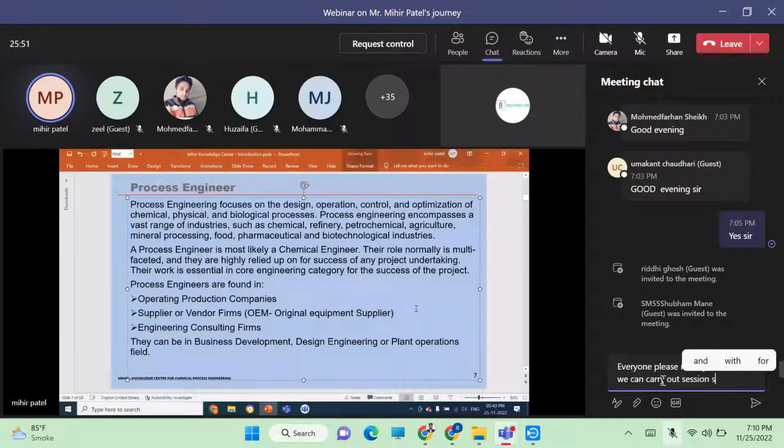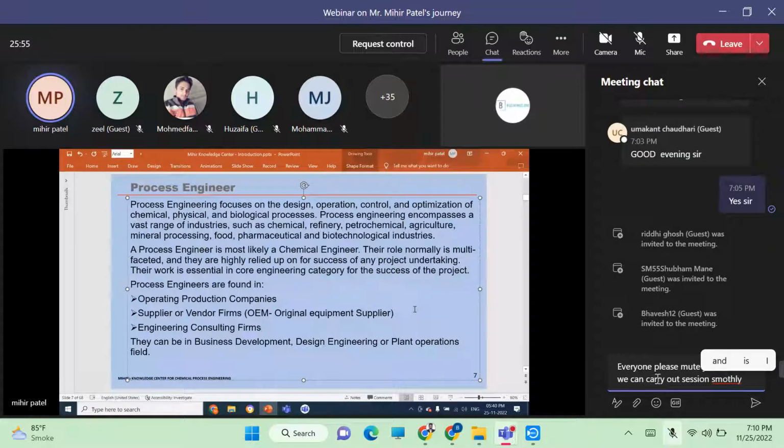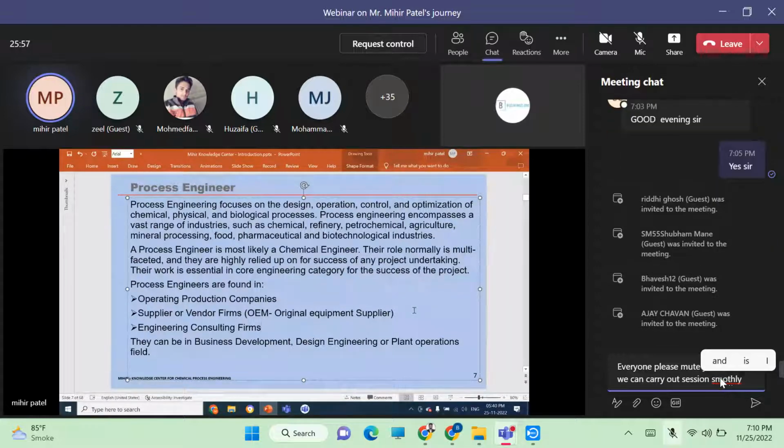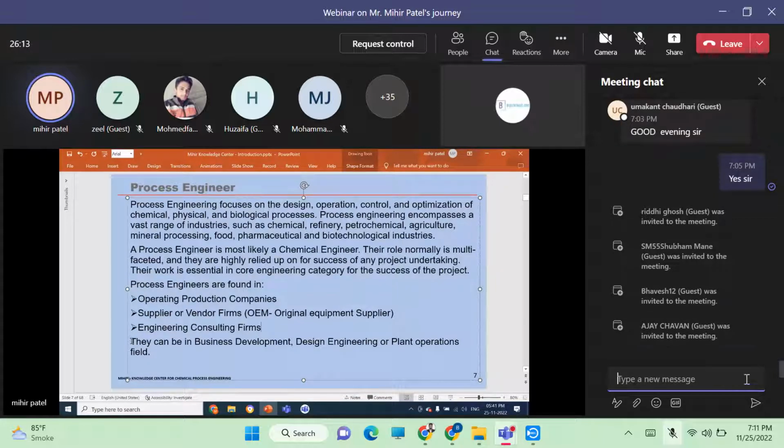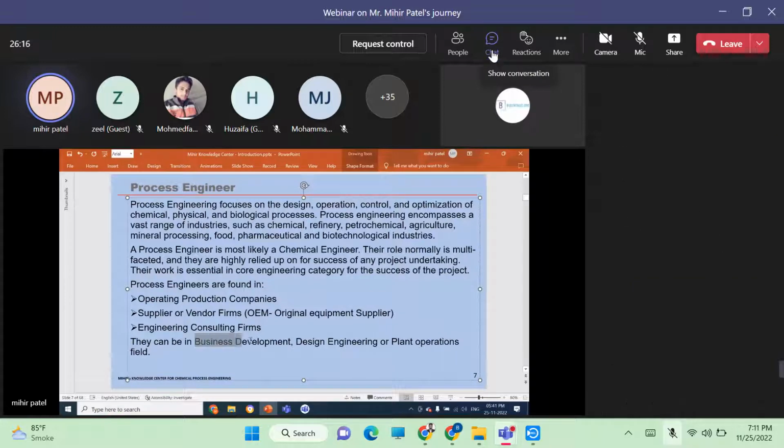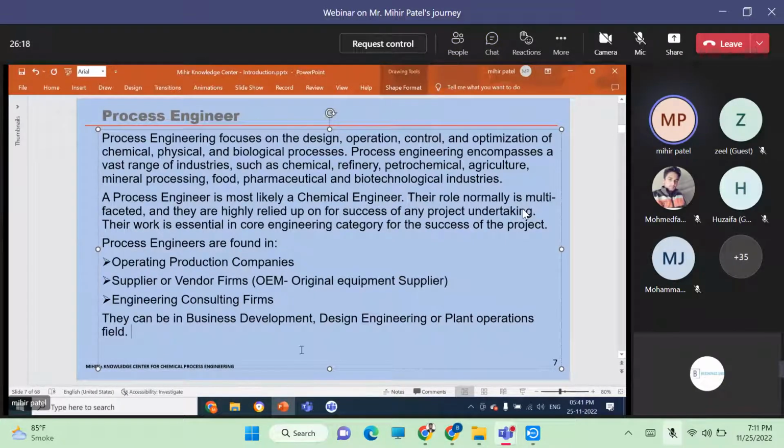Some of them are oil and gas upstream, some are offshore specialties, some are refinery specialties, some specialize in exact chemicals. You can have licensors. You can have actual chemical consultancies who do detail engineering. So many types of firms are there. Process engineers can also be in business development or design engineering or plant operations.